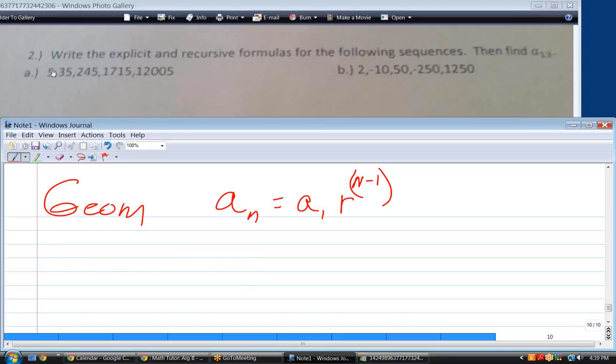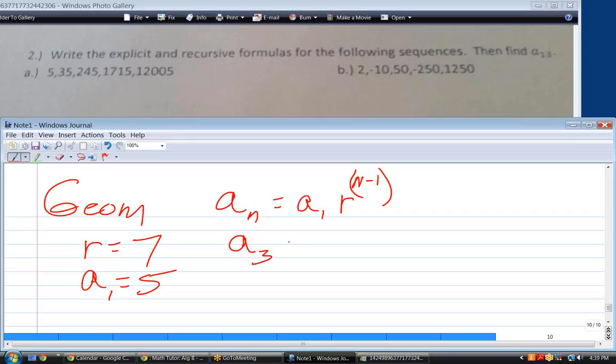What, first of all, is the common ratio in this geometric series? Multiplied by 7. Okay. First term is 5. So let's check the third term. Let's figure out, to make sure that we have the right formula here, we can see that the third term is 245.